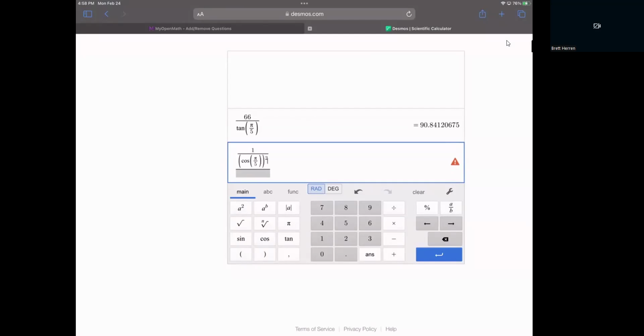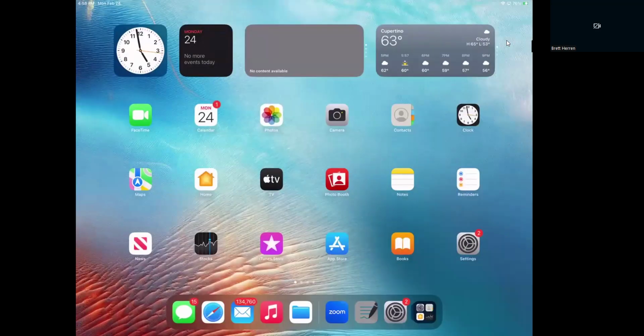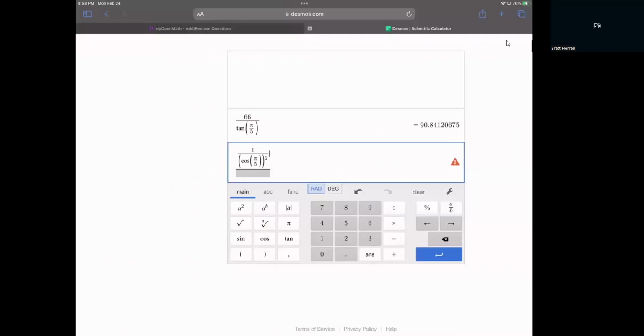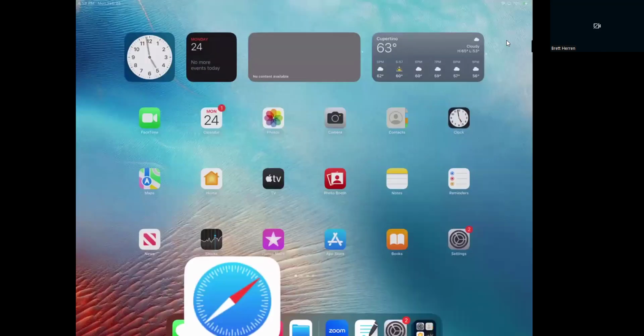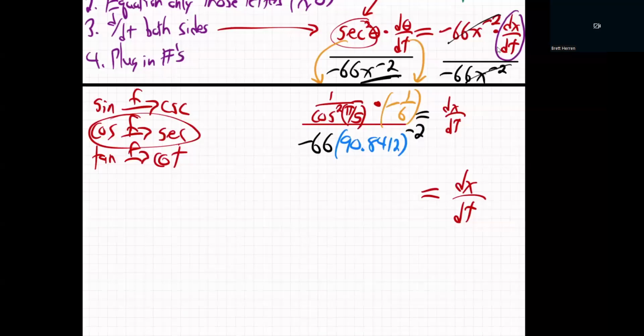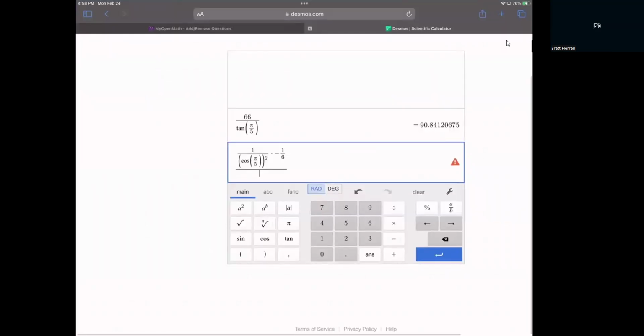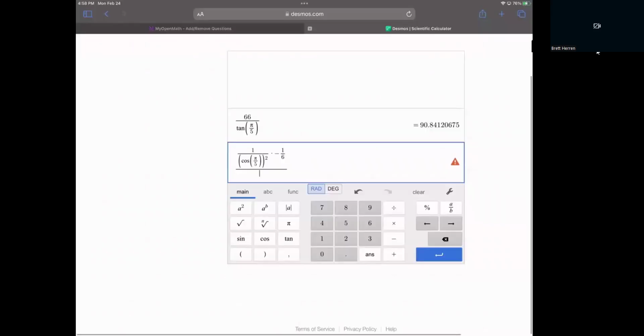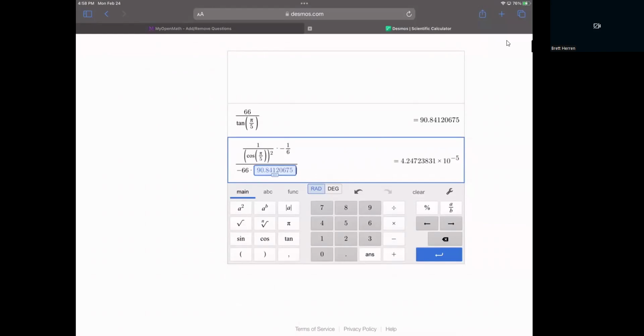Square that. 1 over cosine squared of pi over 5 times negative 1/6, over negative 6 times the previous answer to the negative 2. Wait, I already forgot. Was it negative 6? Okay, it was. So negative 6 times the last answer, that 90 point whatever, to the power of negative 2. Enter. There it is.